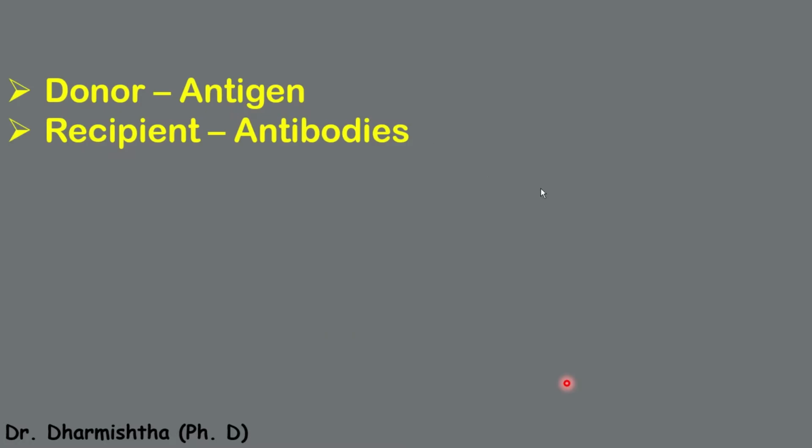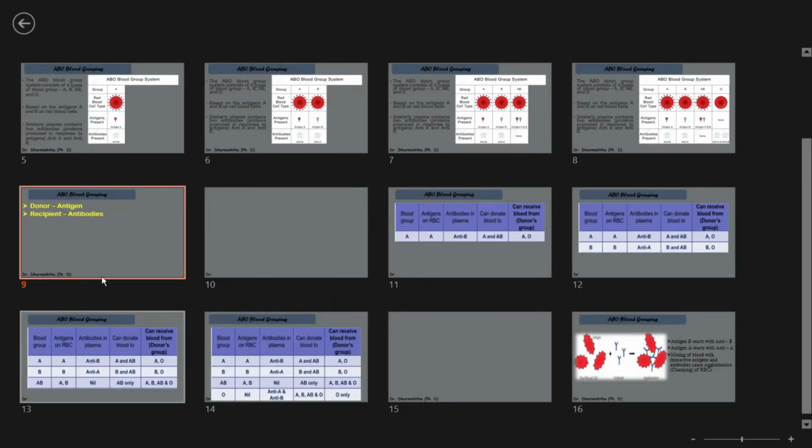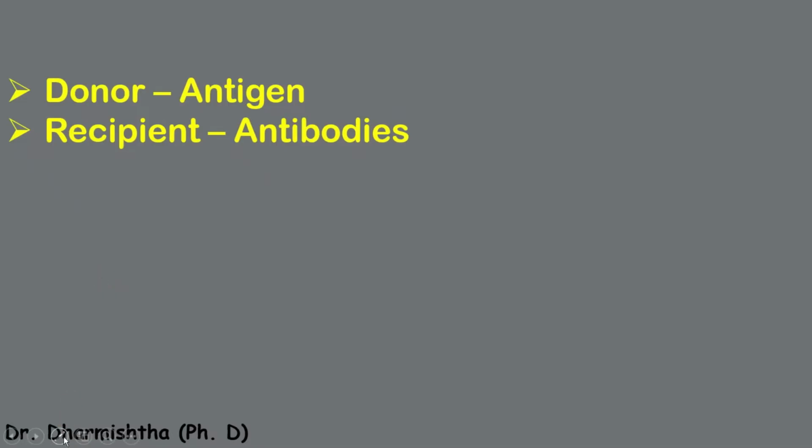Now let us move towards blood compatibility, because for every transfusion, matching of the blood group is necessary to prevent complications. The complication occurs if the same antigen interacts with the same antibodies, meaning if A interacts with A, it leads to agglutination, that is, coagulation of blood.